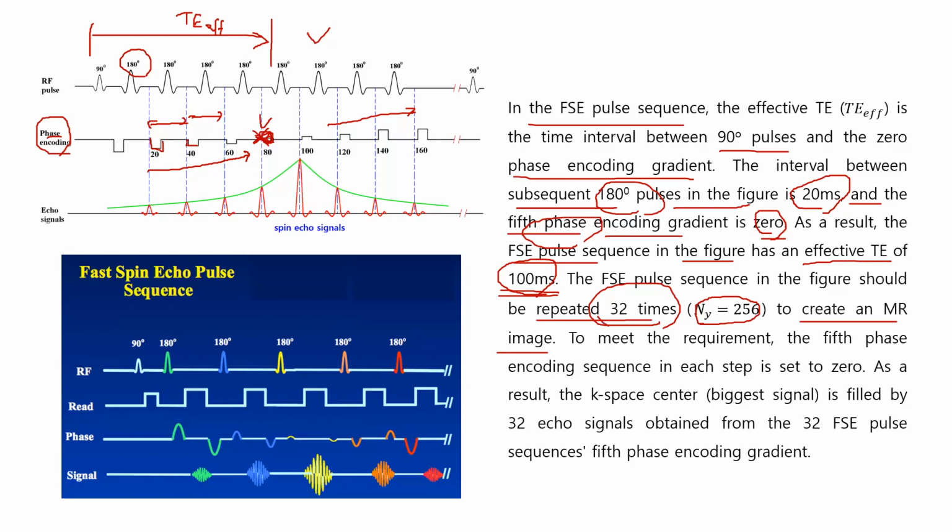So for this 32 times process, we have to set the same position. The zero phase encoding position should be the same position. To meet the requirement, the fifth phase encoding gradient in each step is set to 0.